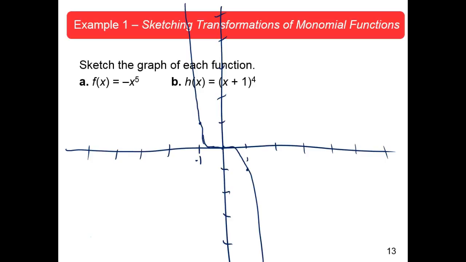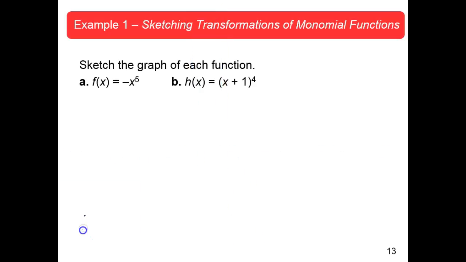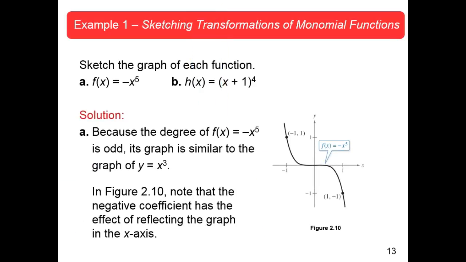Let's go on and look at what the book does with this one. I'll erase this so I'll do it now so you can remember. Here it is, okay? Because the degree of f of that is odd, it has a graph similar to x cubed, but it's steeper outside or near plus or minus 1 and flatter near 0, the origin.